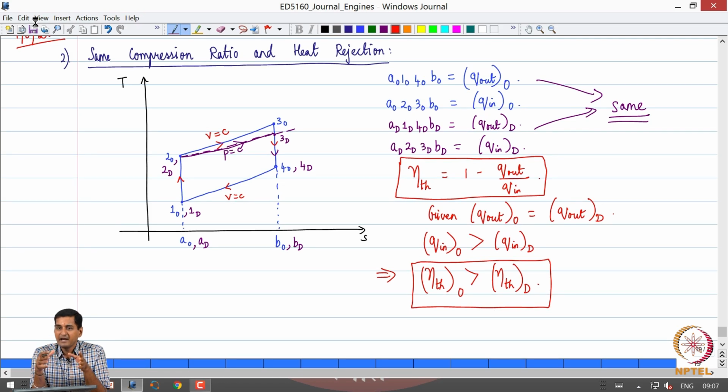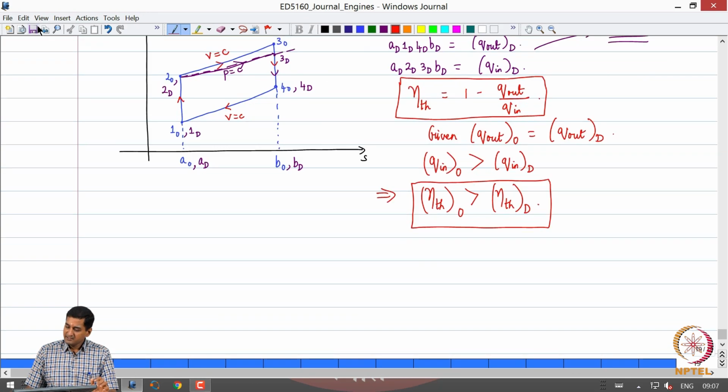As a result, we will see that the compression ratios would not be the same. However, if the compression ratios were the same, we see that the Otto cycle is more efficient than the diesel cycle. We will discuss this point as we go to actual engine performance and do the analysis.